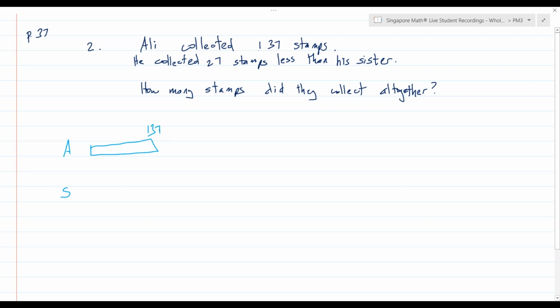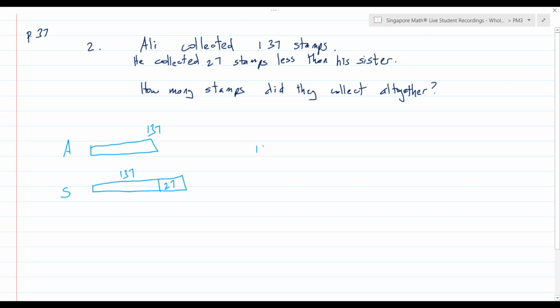If he collected 27 less than his sister, what does his sister's bar look like? Is it longer or shorter than his? Well, if he collected less, she collected more, and so she has the same 137 he has, but then 27 in addition to that. And so really we have 2 options.